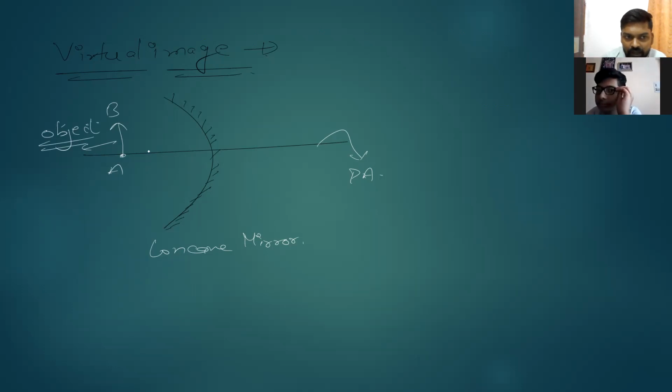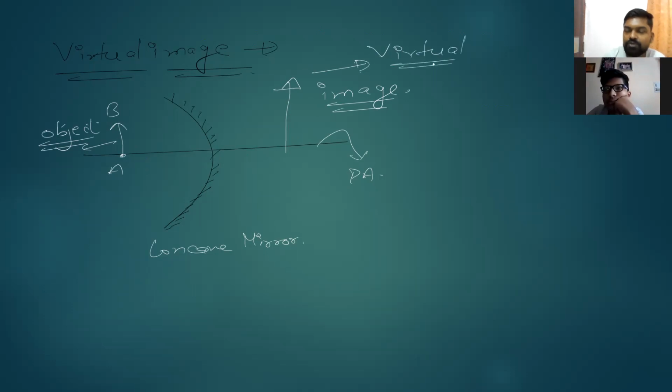And if the image of this object is forming at this side, consider that this is an image. So this image will be virtual. Why is it virtual?